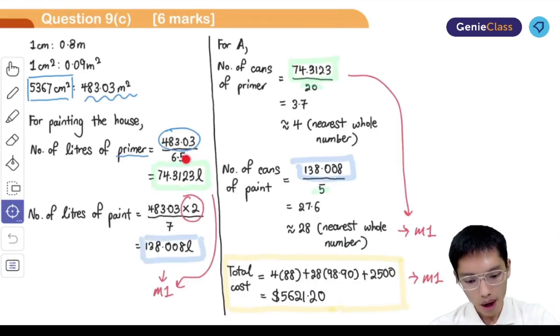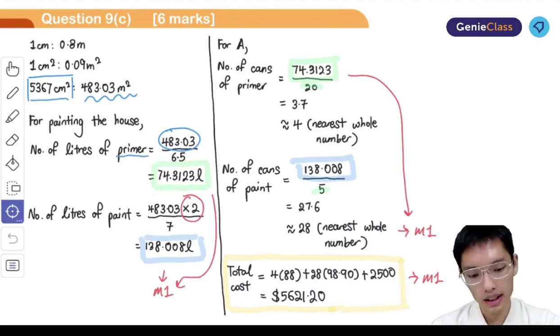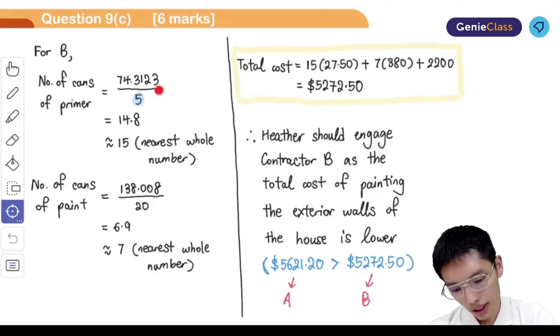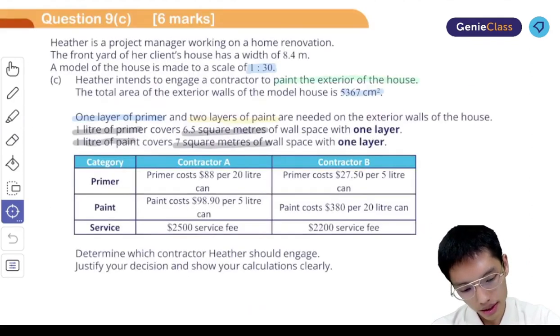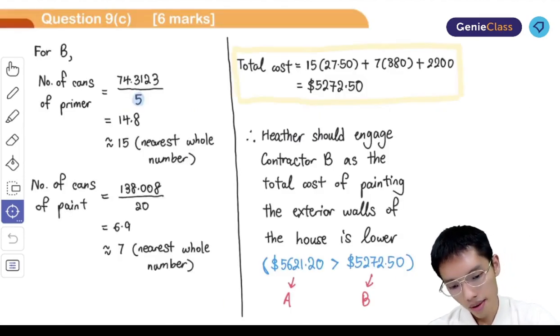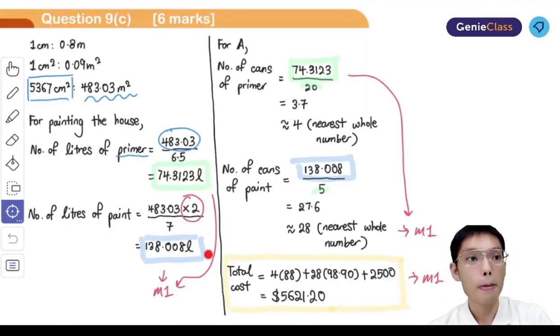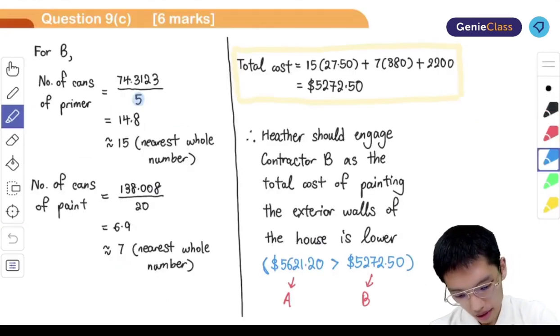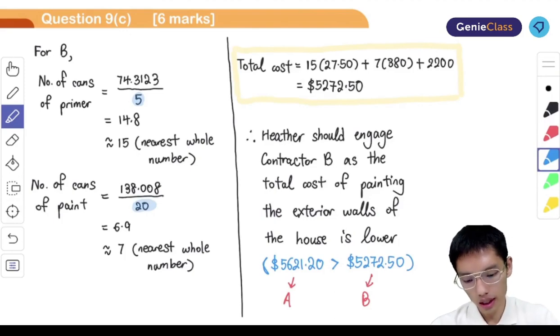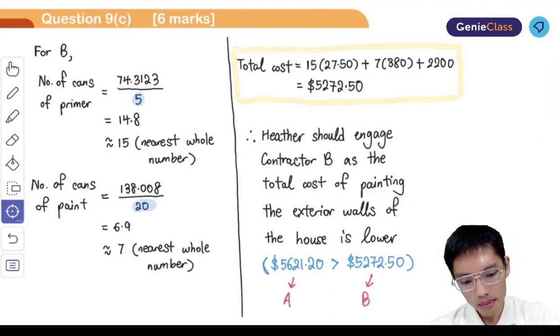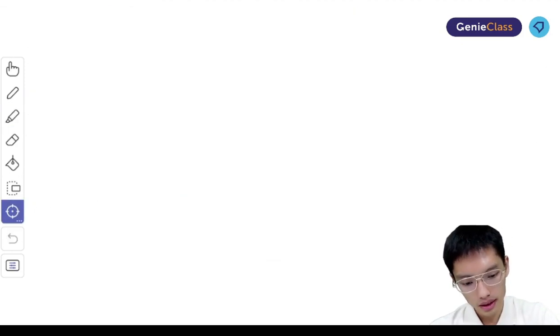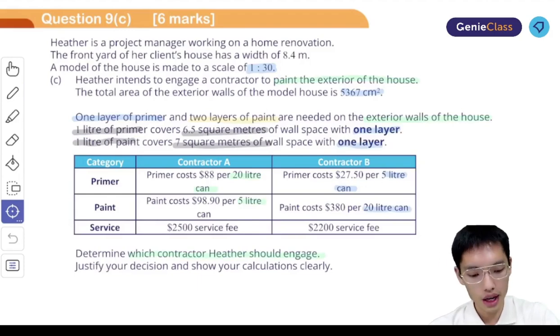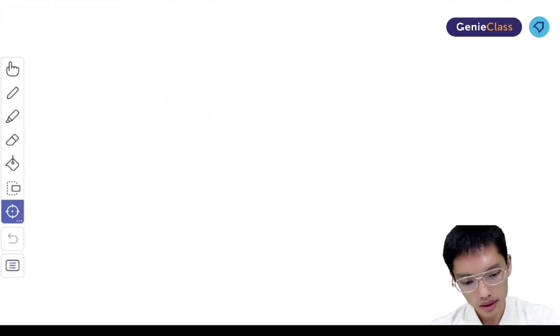Primers over here we need 74 over here, and 20 liters because it's given in 20 liters. So that's why 5 and 20 come into play, and we do the necessary calculation, rounding up. 15 times the price, 27.50 over here, and 380, which will be for this number.